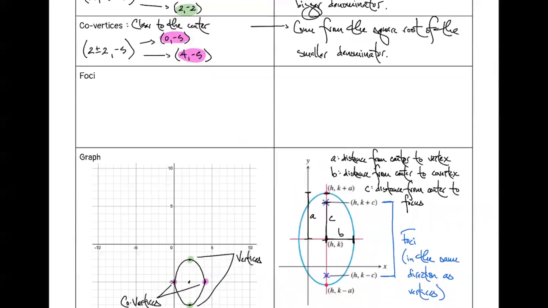Here's how we're going to generalize this for ourselves. The bigger denominator, which in this case was A squared, is equal to the smaller denominator plus C squared.